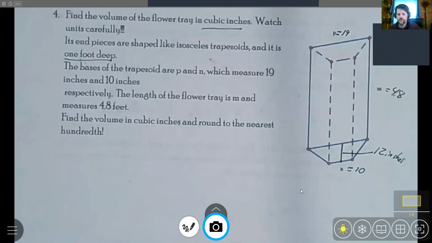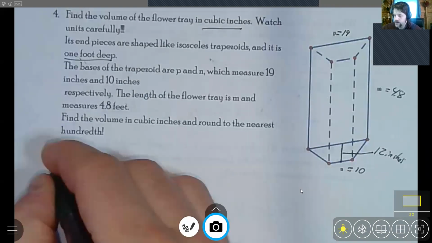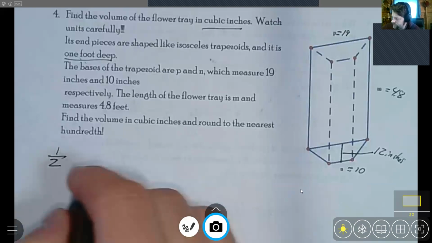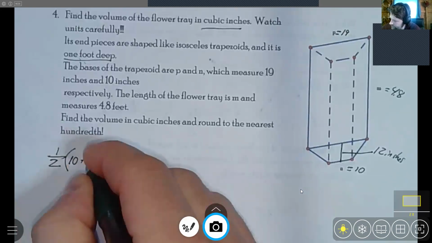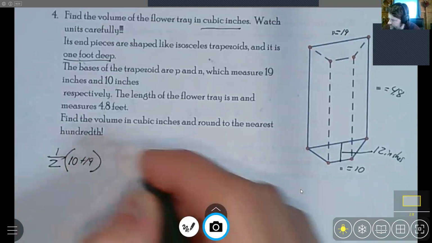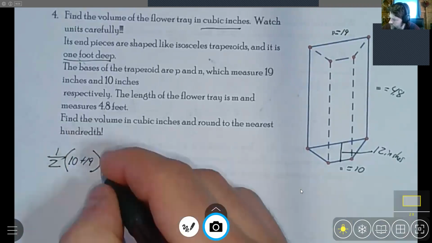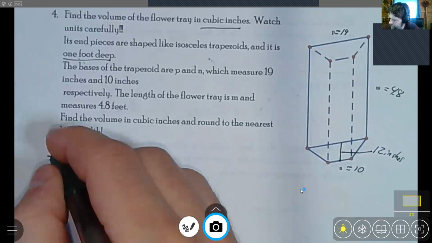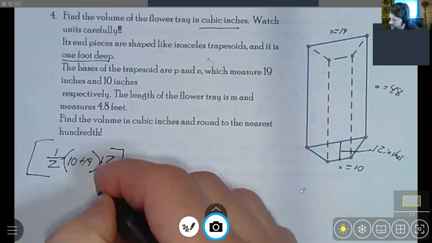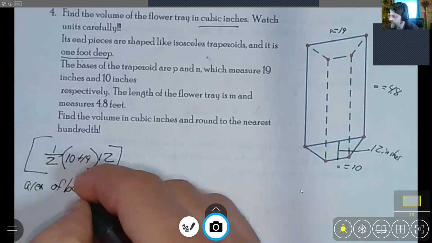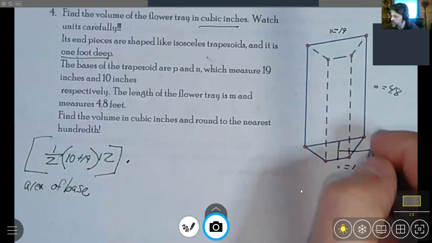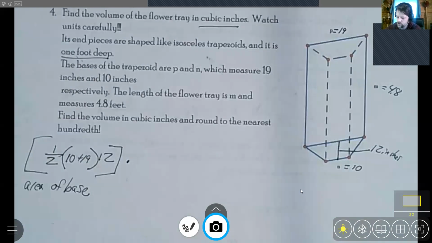So find the volume in cubic inches, round to the nearest hundredth. So to find the area of the base, area of the base times the height, the area of the base is 1/2 times 10 plus 19, and then the height is 12. So this whole thing here is the area of the base. Then multiply it by the height of the prism, which is actually this 4.8 number, but we need that in inches.